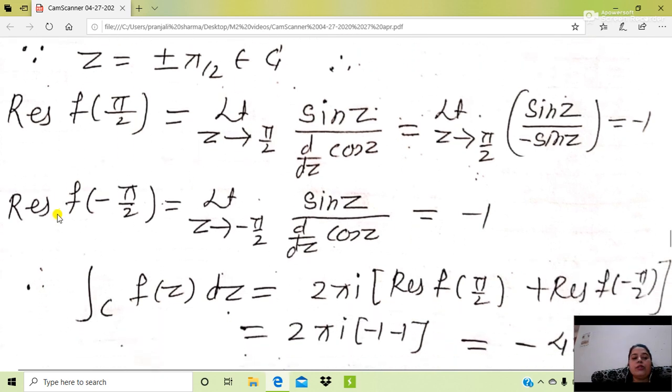Similarly, if we calculate residue of f at minus pi by 2, we use the formula limit z tends to minus pi by 2 of phi(z) upon psi dash(z) at z is equal to a. That means sin z upon differentiation of cos z at point minus pi by 2. Since differentiation of cos z is minus sin z, the value of residue will be minus 1.